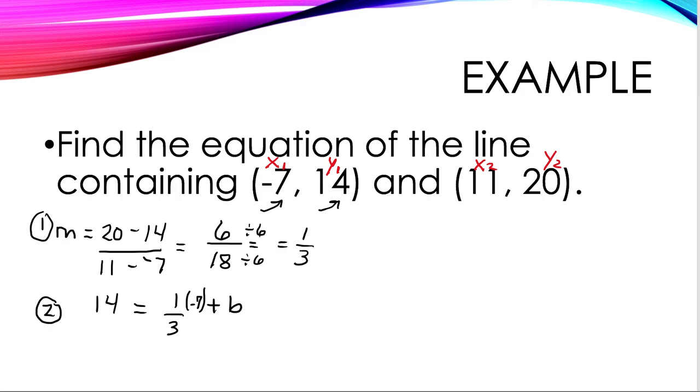And then your job becomes to figure out the b value. So I'm going to have 14 is equal to, remember that this -7 sits over a 1. We multiply across the top and across the bottom. So 1 times -7 is -7. 3 times 1 is 3.